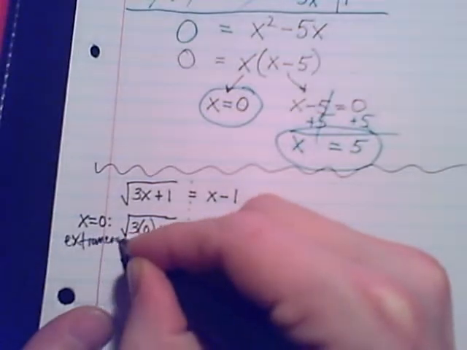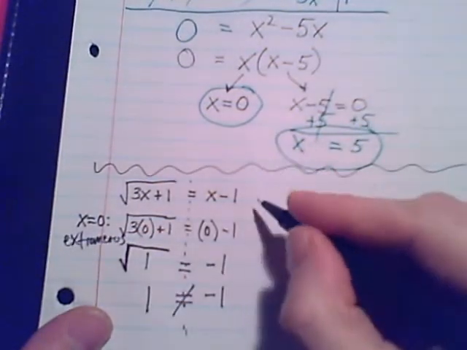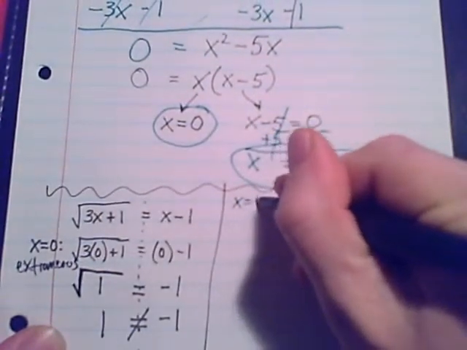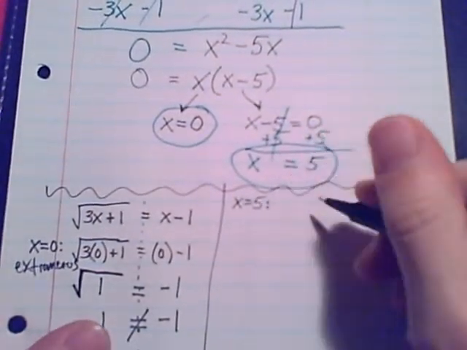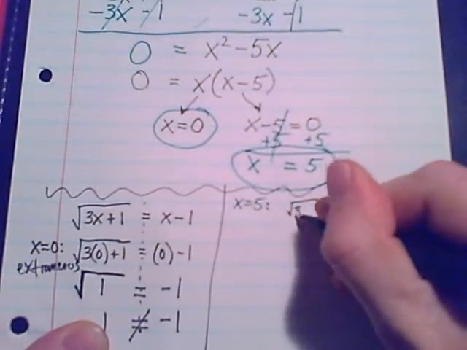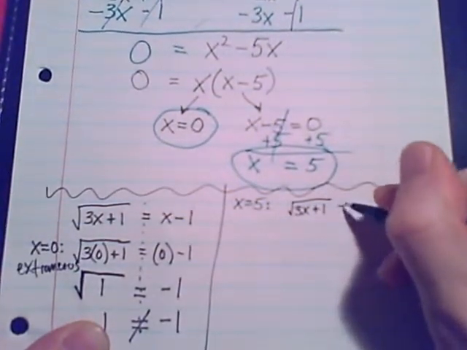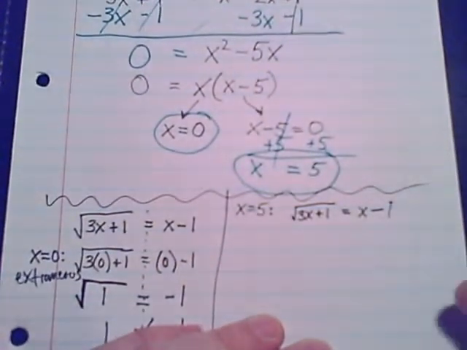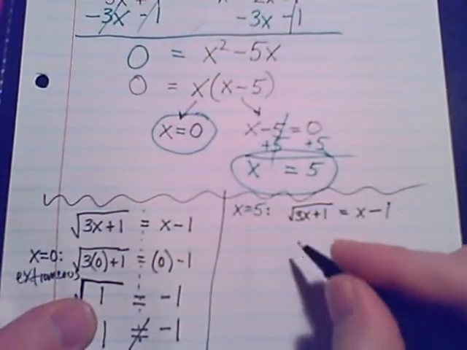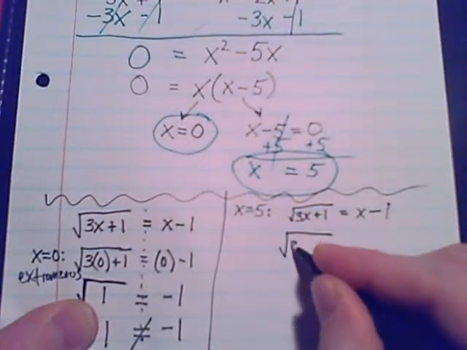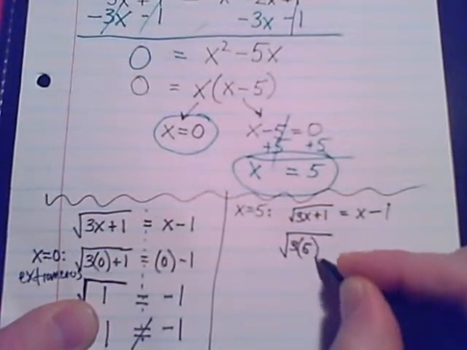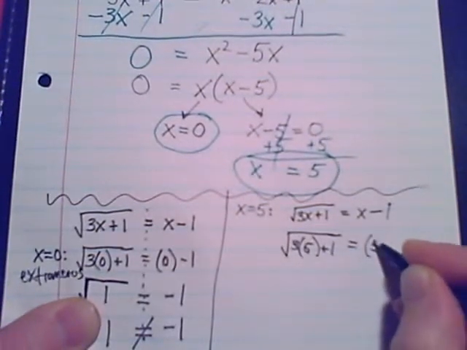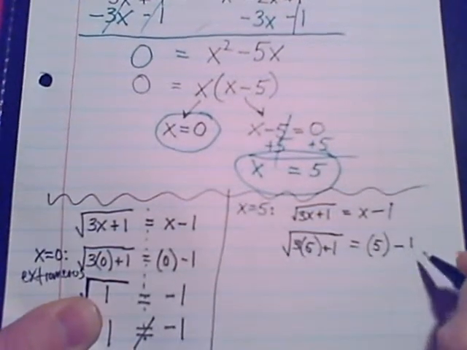So we're 0 for 1. One bad answer. Let's check the x equals 5. Allow me to rewrite this equation. And let's check 5 in place of the x. 3 times 5 plus 1 should equal 5 minus 1.